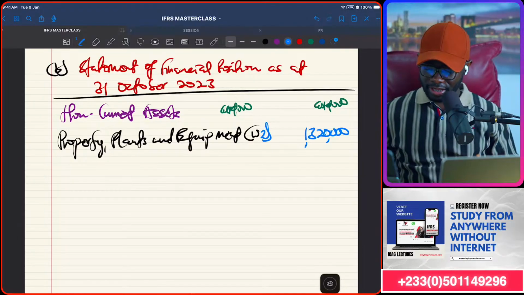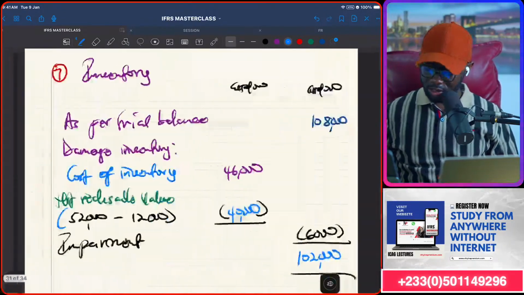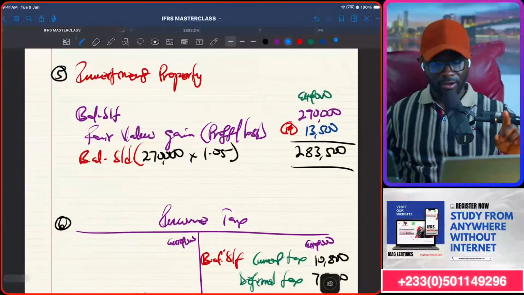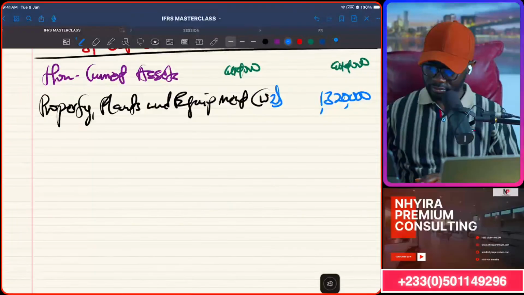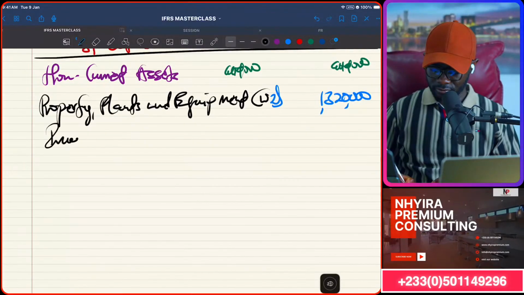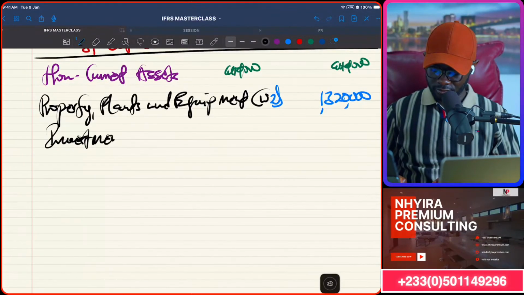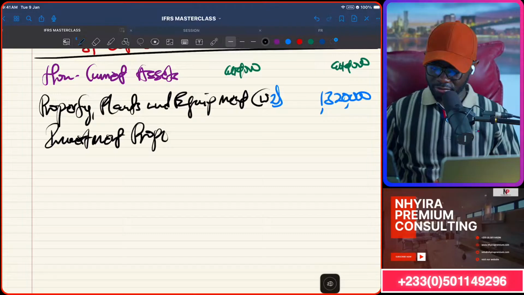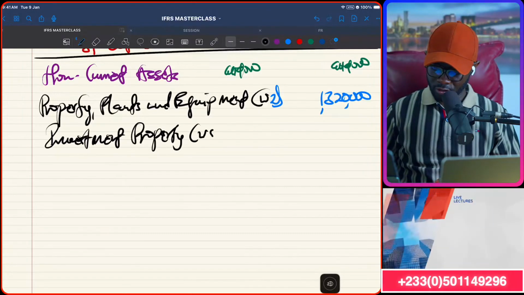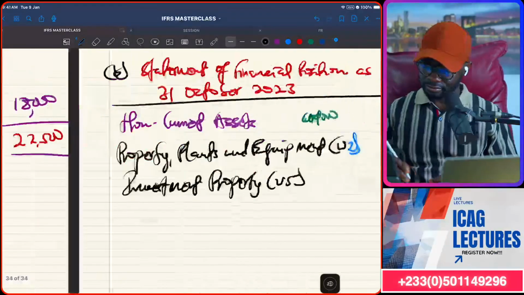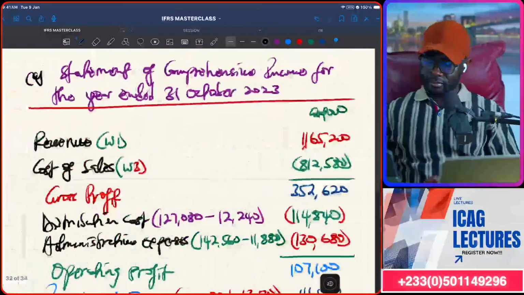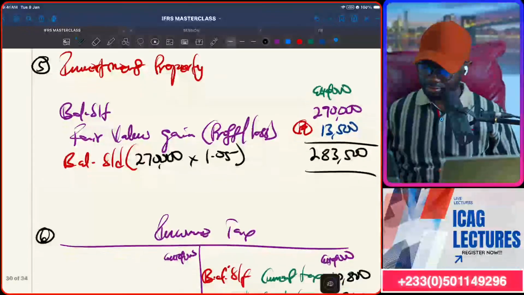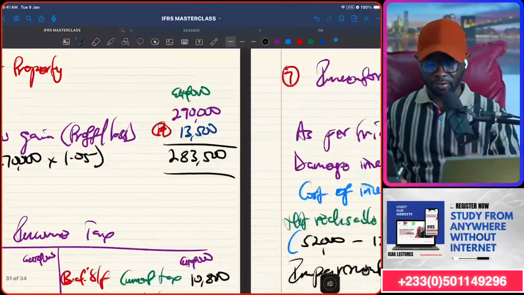Then we bring in the investment property, because that's also a non-current asset, from workings 5. How much we got? 283,500.